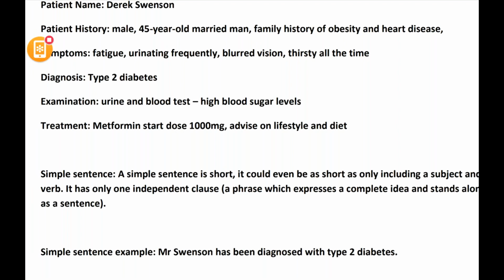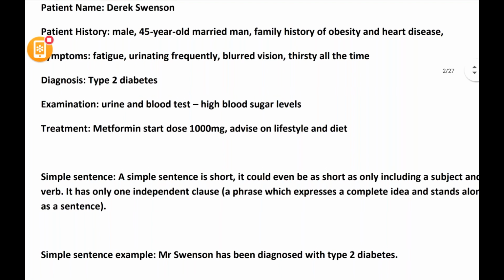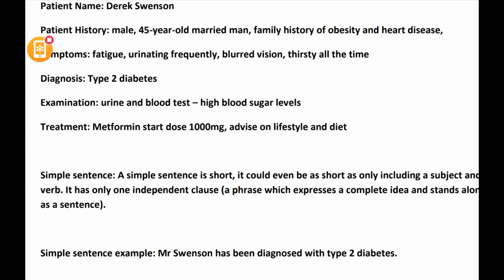Or you can also write, Mr. Swenson has type 2 diabetes. Both are correct. If you're writing diagnosed, then you have to write has been. If you're writing just directly, Mr. Swenson has type 2 diabetes. It's a simple short sentence with the independent clause. So this is a simple sentence. Is that clear to everyone?